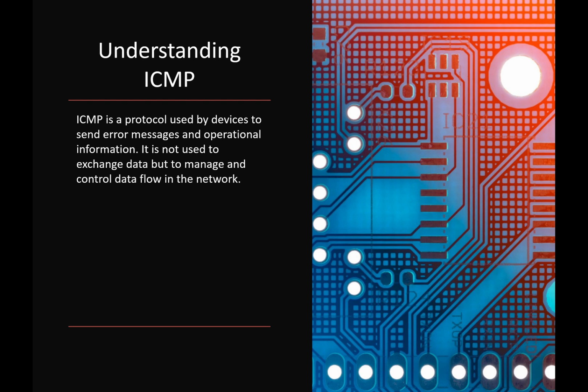For instance, when you ping a server to check connectivity, that uses ICMP. However, ICMP lacks an authentication mechanism, making it vulnerable to abuse. Attackers can exploit ICMP's broadcast functionality to amplify traffic and overwhelm a target. This makes it a common target in denial of service attacks like Smurf.